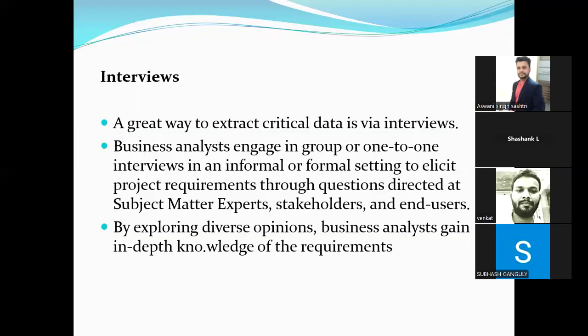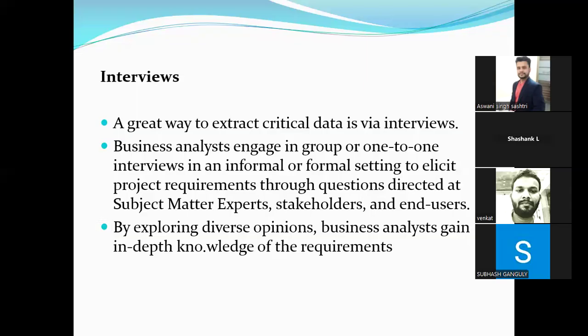First of all, we have to understand when we should use the interview as a requirement elicitation technique. There are multiple techniques to gather requirements. First is the interview. So, let's try to understand what the interview technique is.